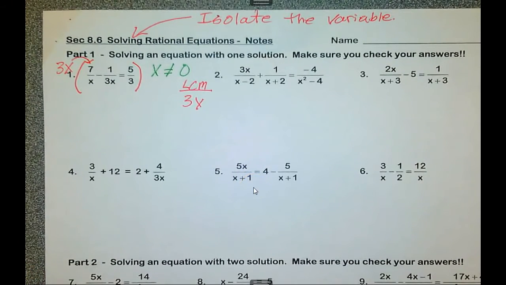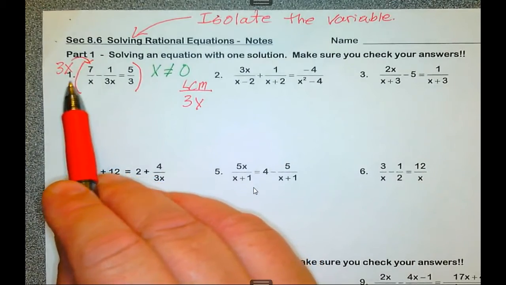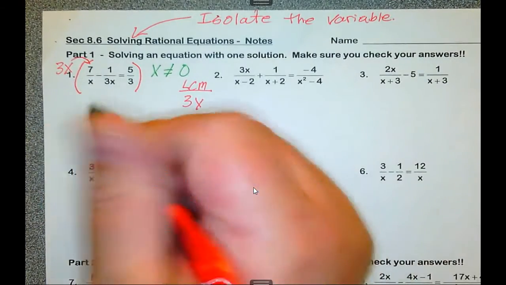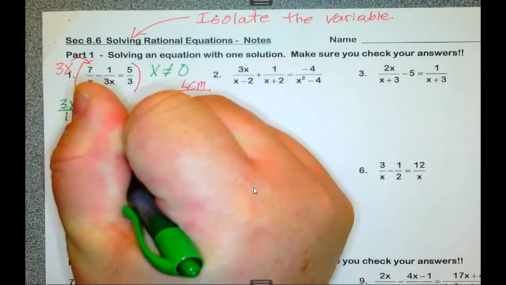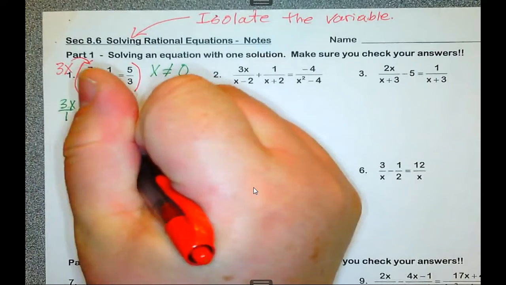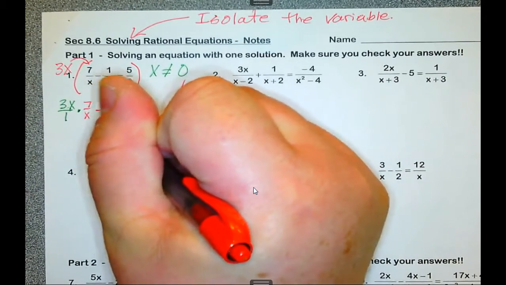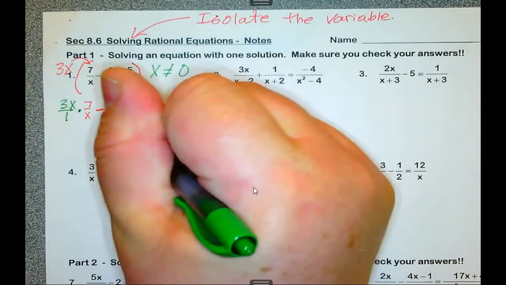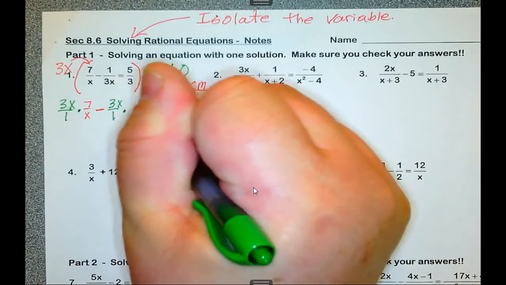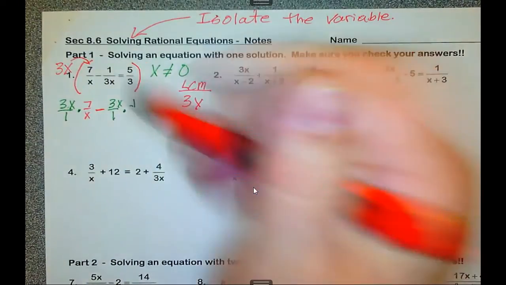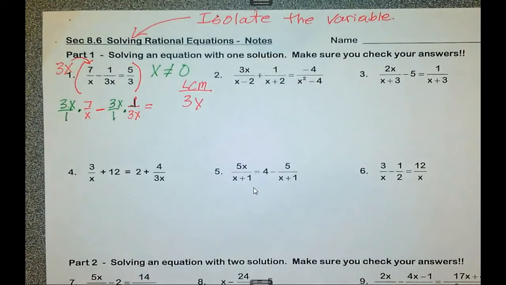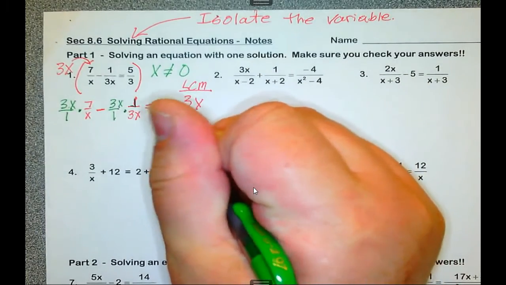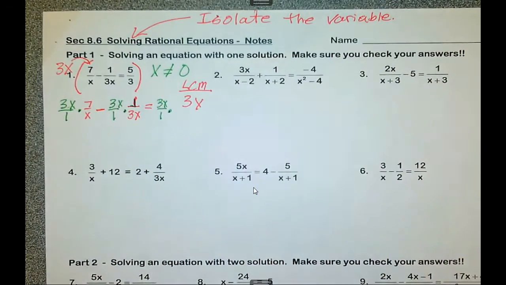Okay, the whole idea here is to get rid of fractions so we can solve for x, right? Be careful. Remember, this is going to be 3x over 1 times 7 over x, minus 3x over 1 times 1 over 3x, equals, we're going to have 3x over 1 times 5/3.